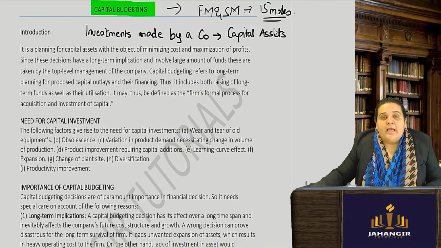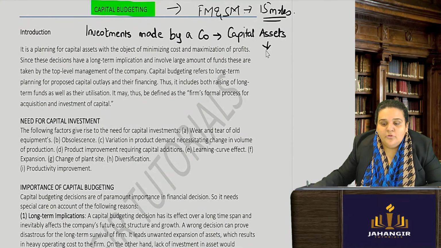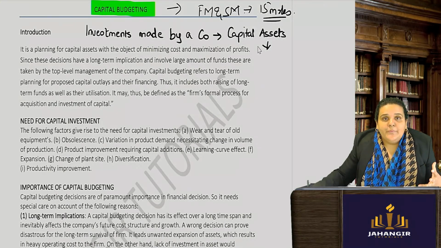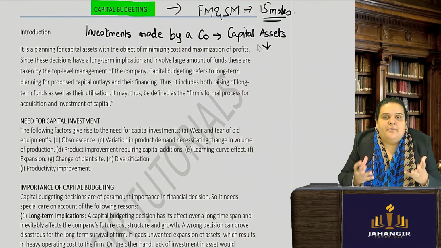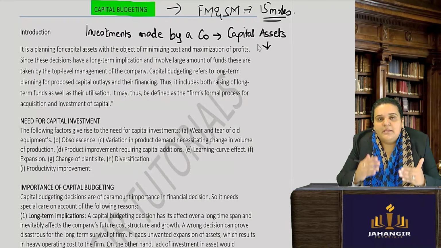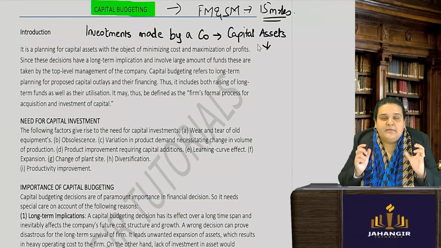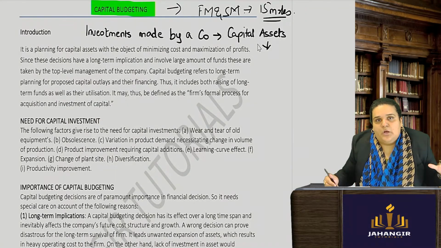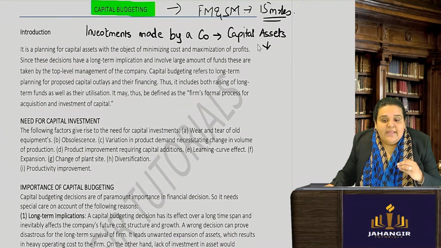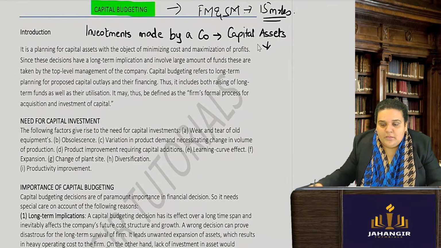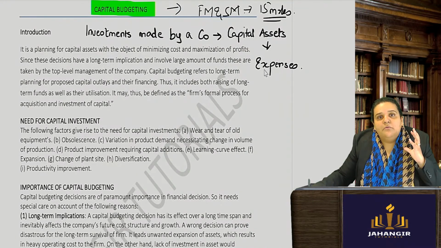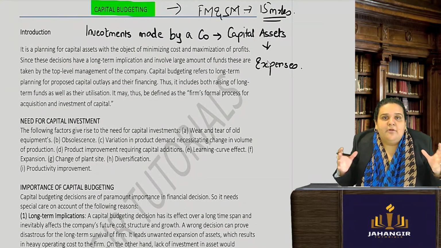Capital assets are those assets which involve a huge amount of investment. They are going to bring the fruits of using that particular asset over the years to come. These capital expenses are not something done on a year to year basis. They are done once in a given span of years.